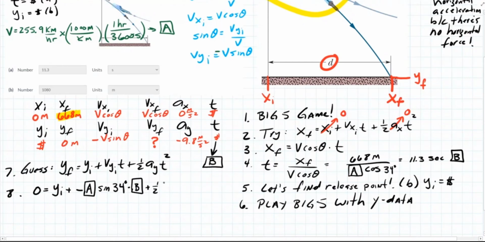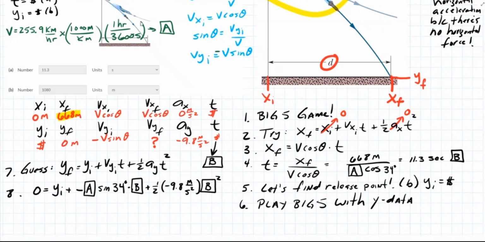Plus 1/2 a sub y, negative 9.8 meters per second squared, times t squared. Look at that. There's a lot going on here.